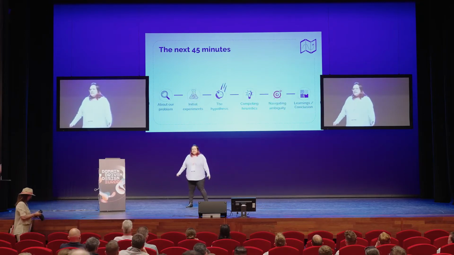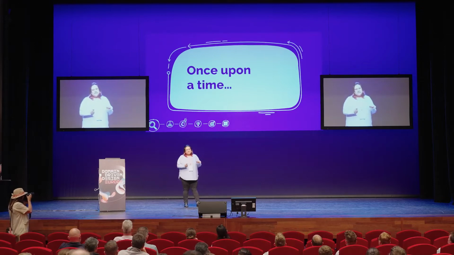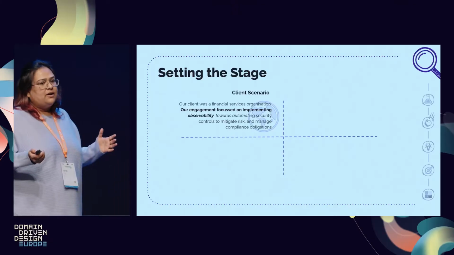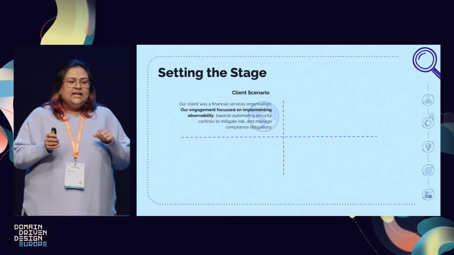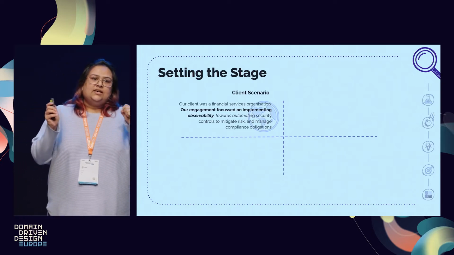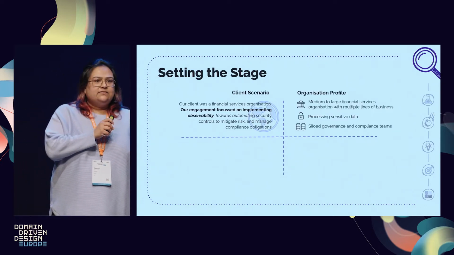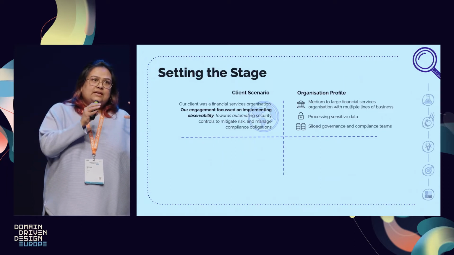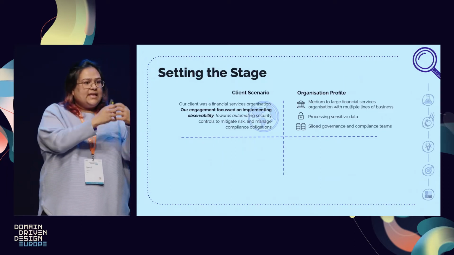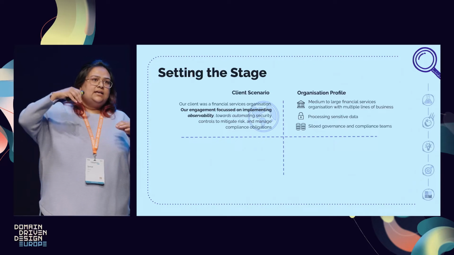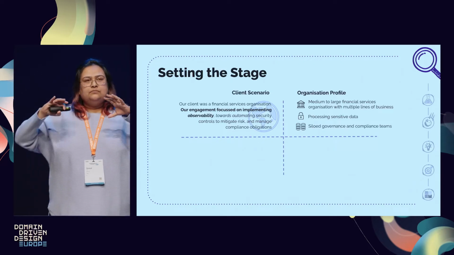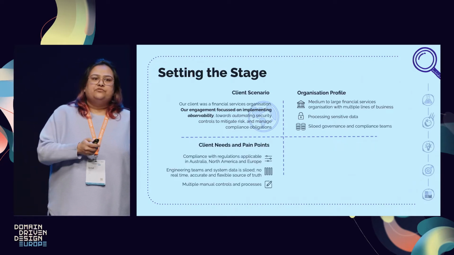So what I'll do is I'll start by setting the stage and talking about the client context. We were engaged by a large financial services company to implement observability, because what they were looking at doing was roll out a proactive risk management program of work.